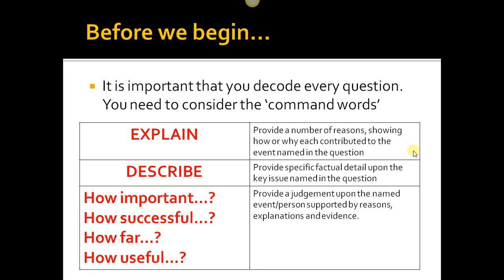Describe, provide specific factual detail upon the key issue named in the question. And then you have these kind of evaluative questions which will certainly need to come down with a judgment upon the named event or the person, supported by reasons, explanations and evidence.